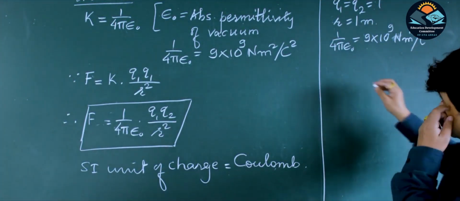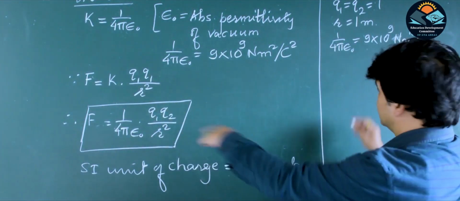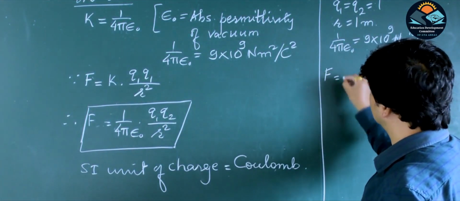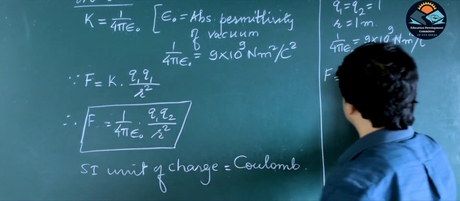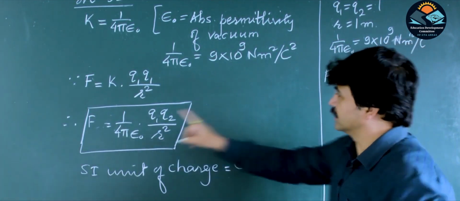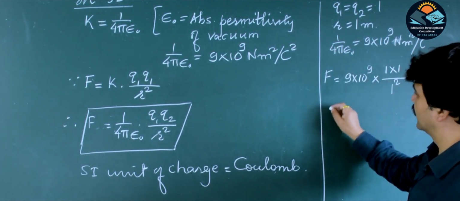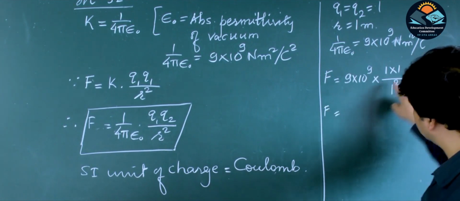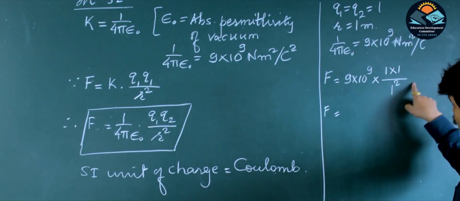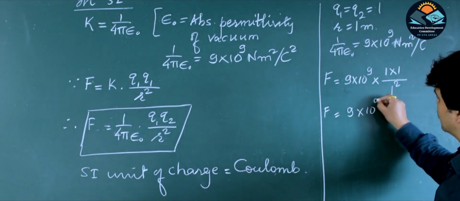That's why when we put all these values in this particular equation, the relation becomes F equals 9 into 10 to the power 9, Q1 into Q2 by R square. So F is, now all of this is 1, so the number is the same, 9 into 10 to the power 9.